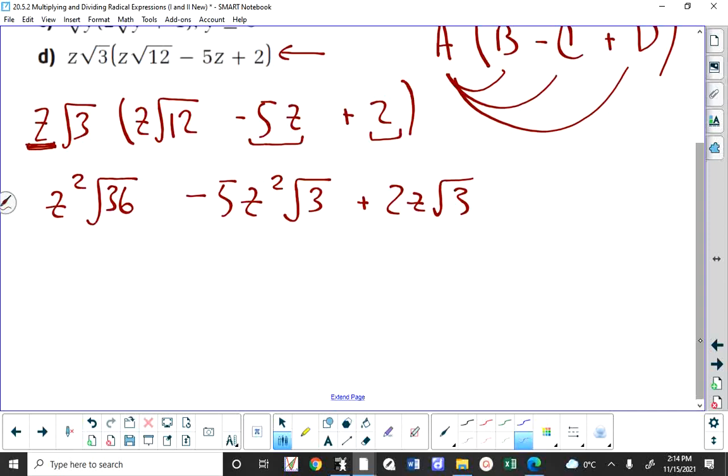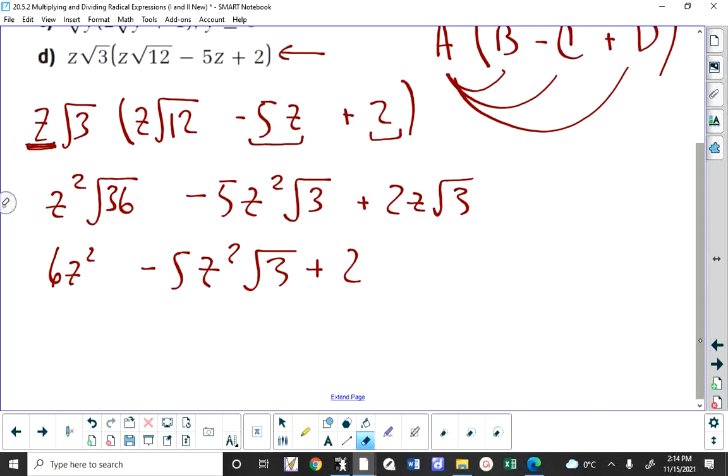Now what I can do, I notice a couple of things here, is I can simplify root 36 to 6 and get 6z squared. Now I have a bit of a problem. I literally have a problem as a teacher here, which is part of me wants to say that this is the answer. But part of me also wants to recognize that it may not be the answer.